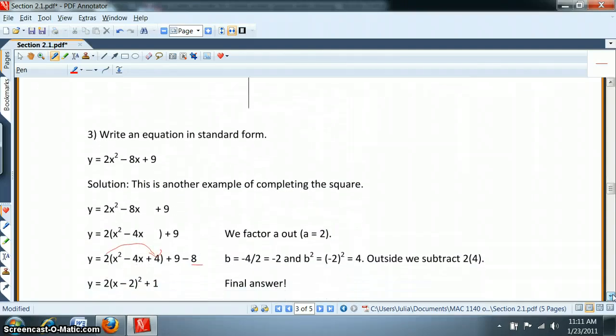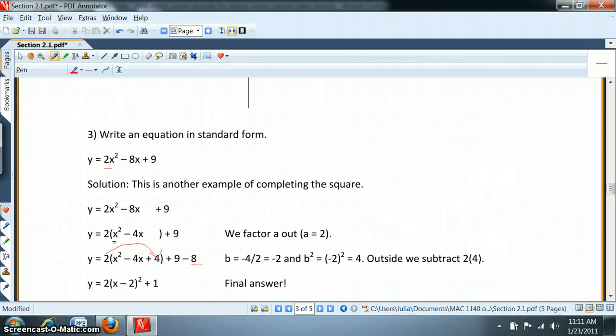And the same kind of idea we can apply when a is bigger than 1, which in this case is 2. It's a little bit more challenging because this is not quite a perfect square yet. So whatever the a is, we've got to factor it out. That's how come a is on the outside actually.